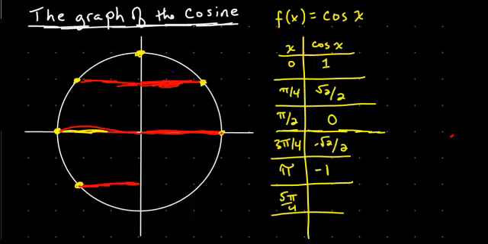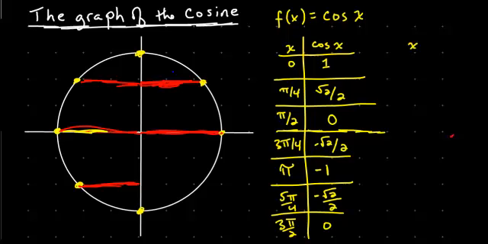Think of it as the horizontal distance, but it's in the negative direction there, so it's negative root 2 over 2. Here, again, we are on the y-axis, so at 3 pi over 2, the distance from the y-axis is, of course, 0.